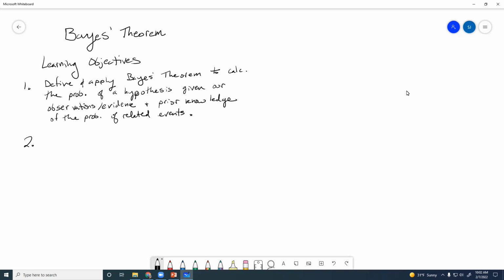So we know about stuff ahead of time, and we're going to use that to calculate the probability of some hypothesis.